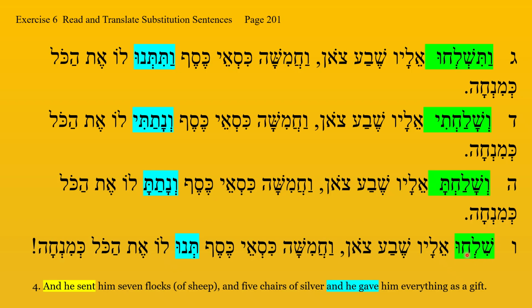So send, again, masculine plural, y'all send him 7 flocks and 5 chairs of silver. Give him everything as a gift. And your clue is the exclamation point.